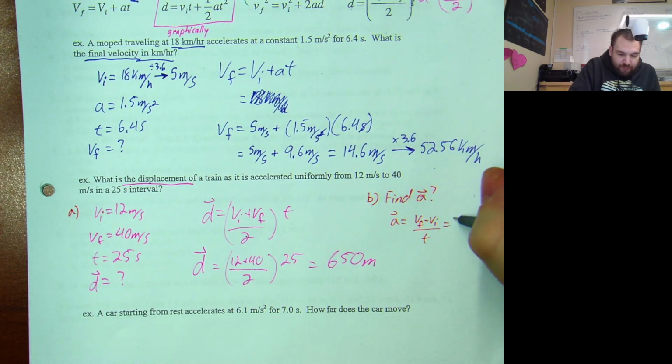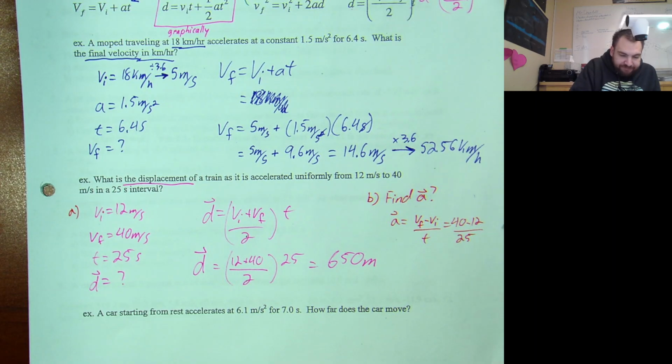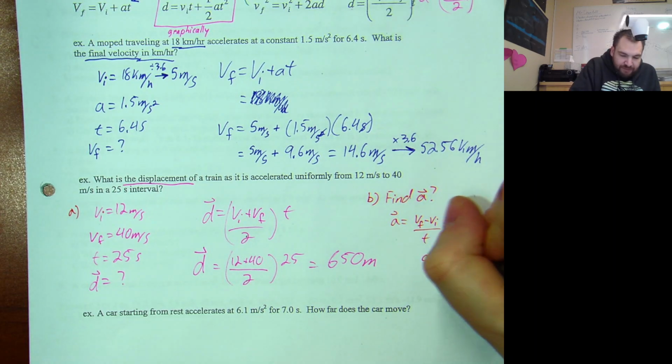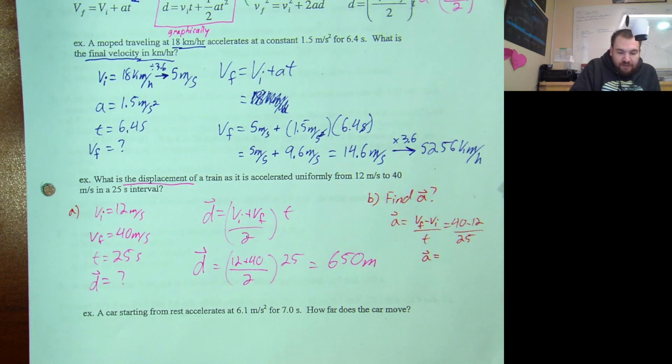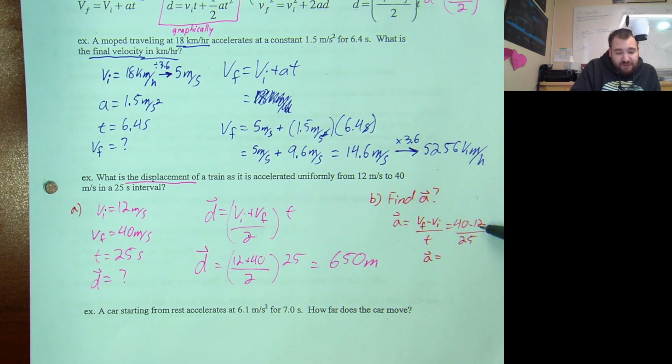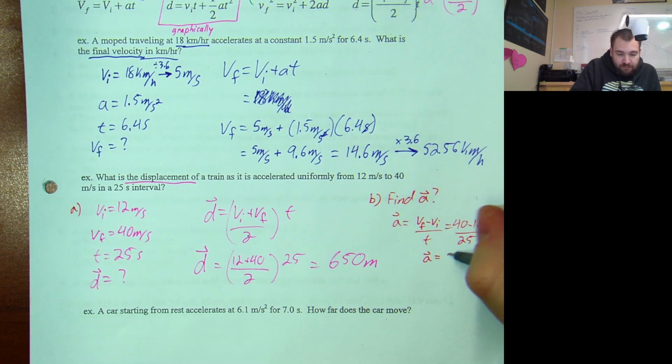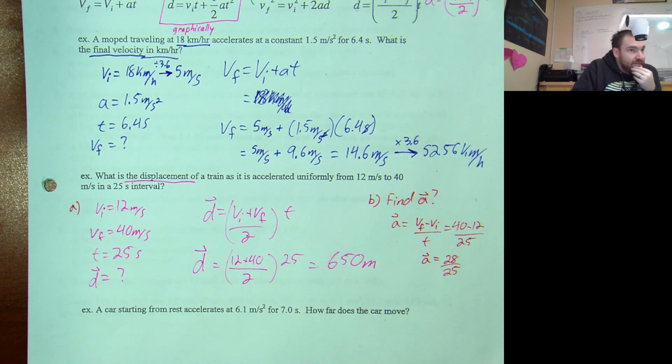So that's 40 minus 12 over 25. 40 minus 12 is 28, and that is not something I can do nicely in my head. What's 28 over 25? 1.12 meters per second squared.